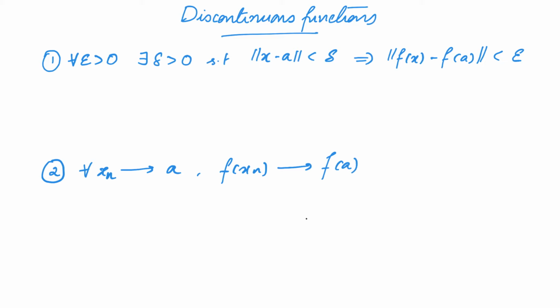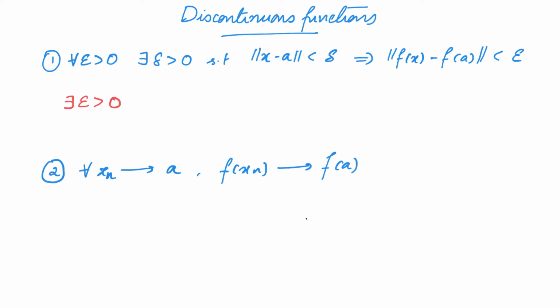First, we will look at the epsilon delta definition. The condition states that for every epsilon greater than 0, something is true. Therefore, the condition fails precisely when there exists some epsilon greater than 0 for which this is not true. But what is this? This statement says that there exists some delta greater than 0 such that something holds.